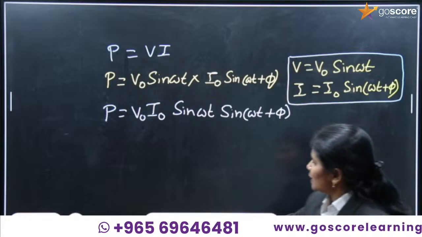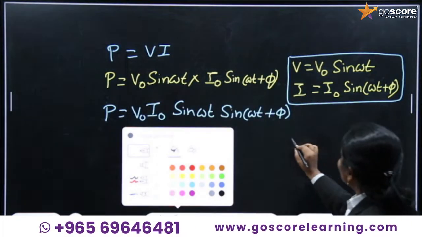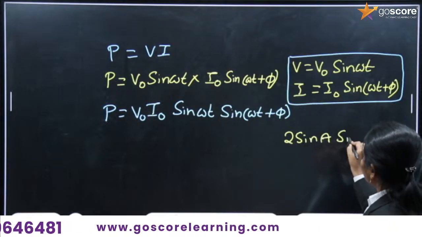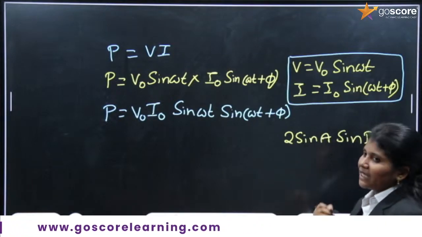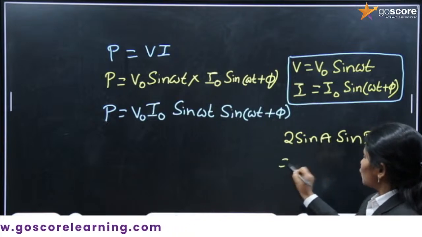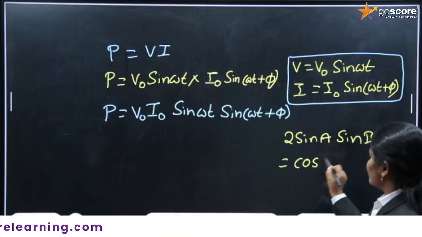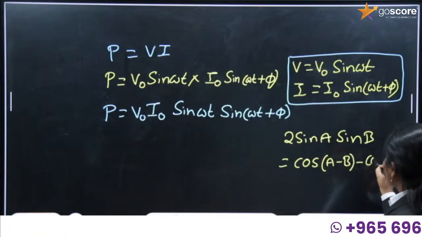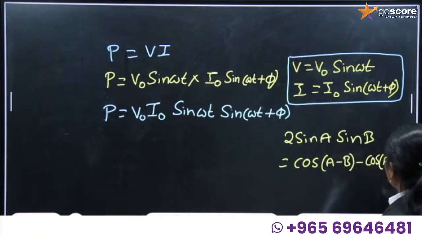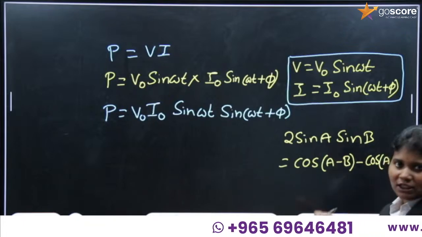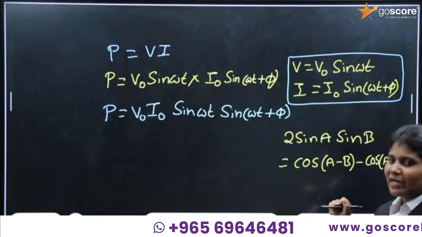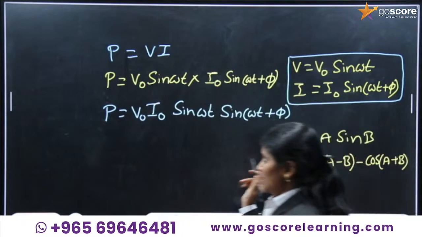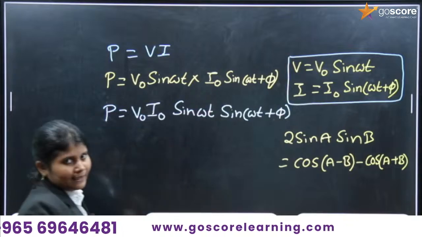What is the formula? 2 sin A sin B is equal to cos of A minus B minus cos of A plus B. We know that in mathematics. This formula we will use here.